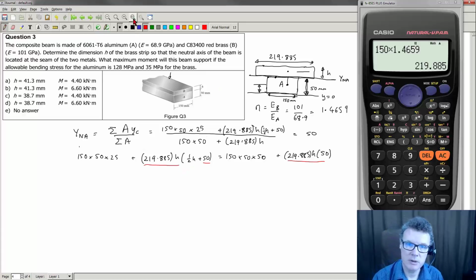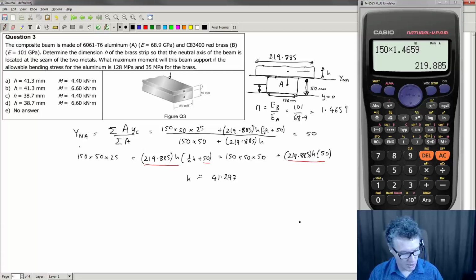Rearrange that and you'll find you only end up with h squared. I didn't actually do the sum there, I just did everything on my calculator, and I then got h to be 41.297. Okay, so that matches up with potentially A or B.